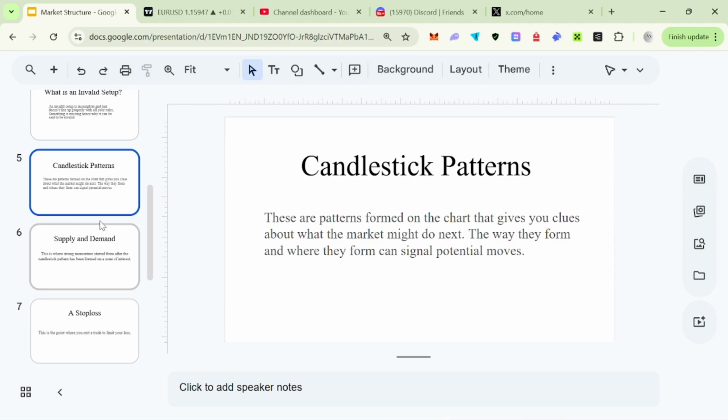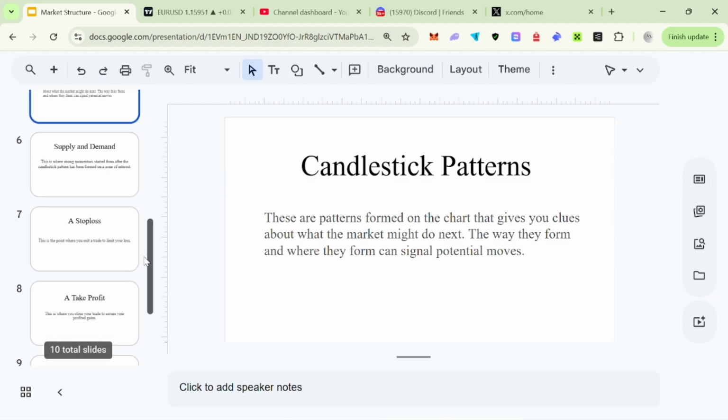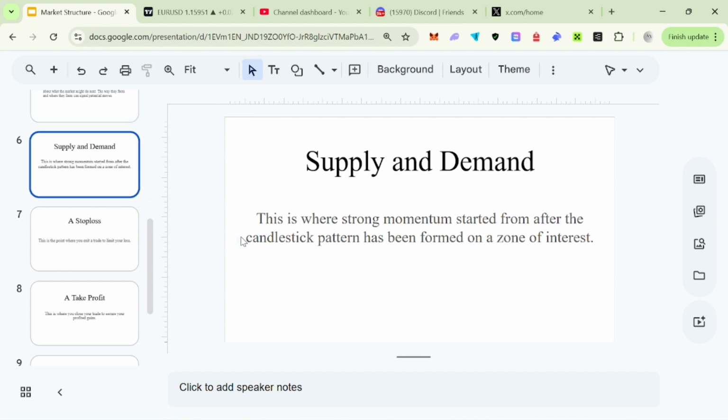It is not compulsory. Having candlestick pattern confirmation is already enough to get into a trade. But for those who might want to use limit orders like me, you could also use the supply and demand concept. This is where strong momentum started from after the candlestick pattern has been formed on a zone of interest.